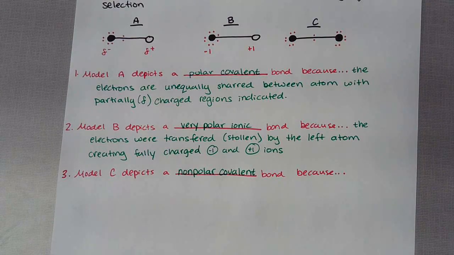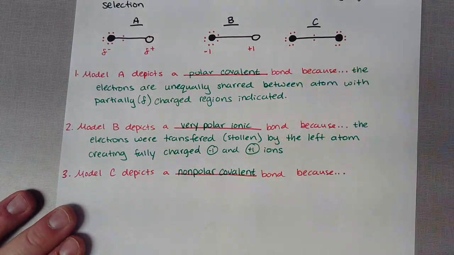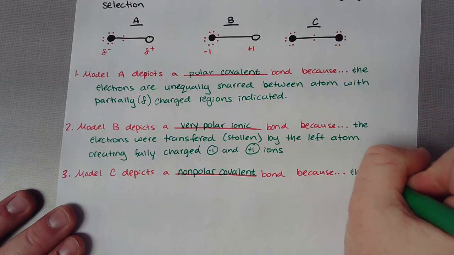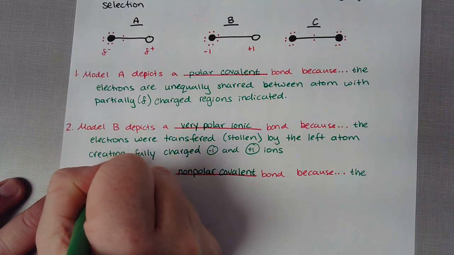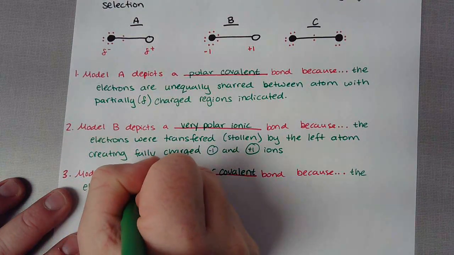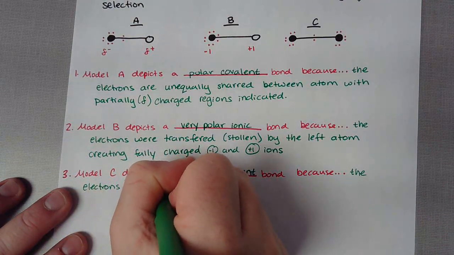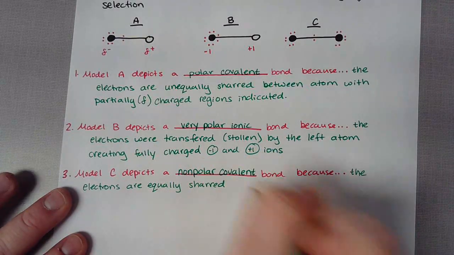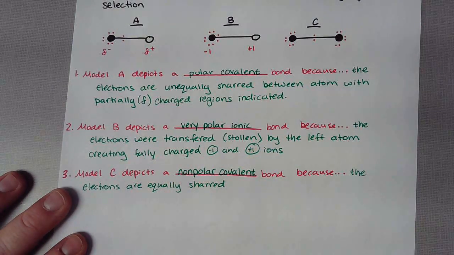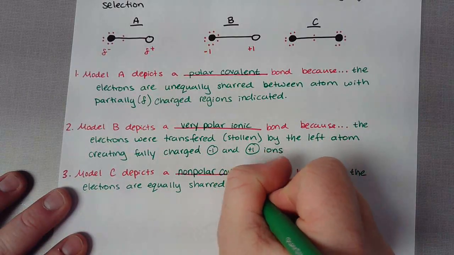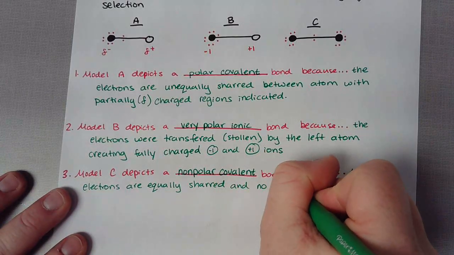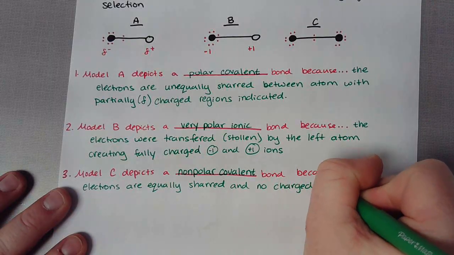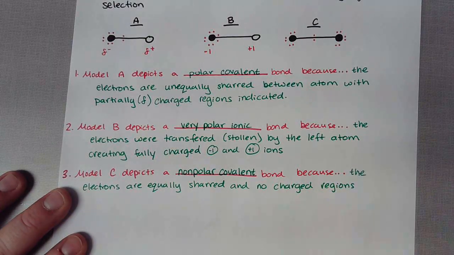Articulating how I was able to identify this, well, first thing we notice, the electrons are equally shared, drawn in the middle of the bond, and there's no pluses or minuses, not full ones, not partial ones, there's nothing. There are no charged regions indicated.